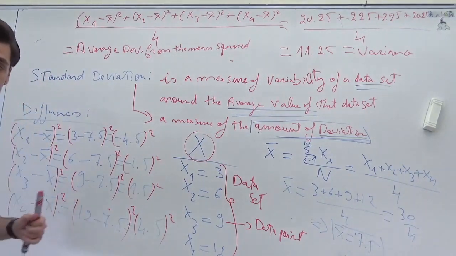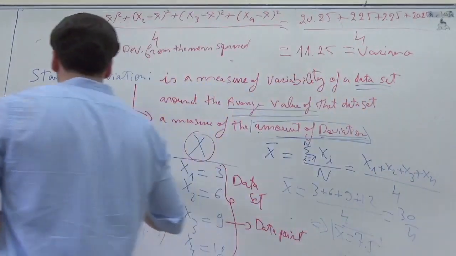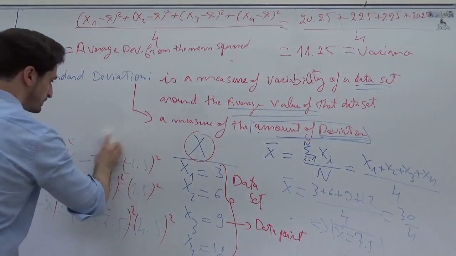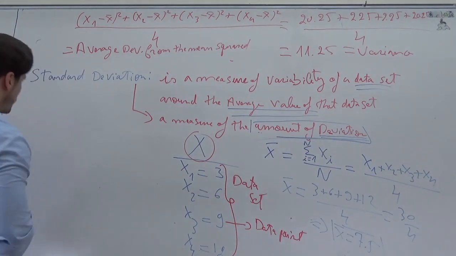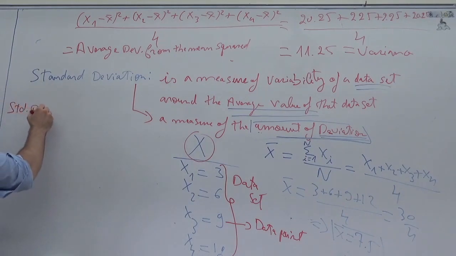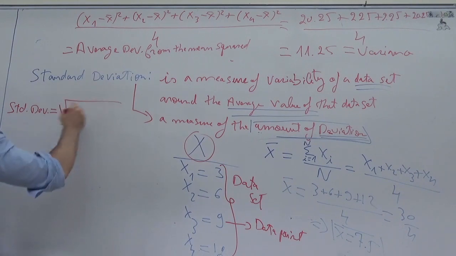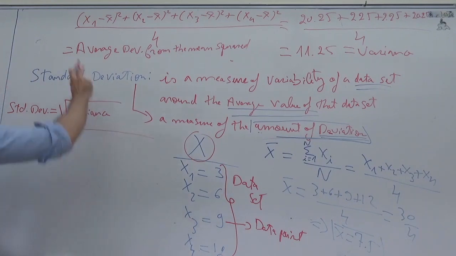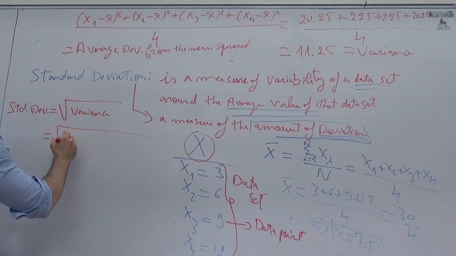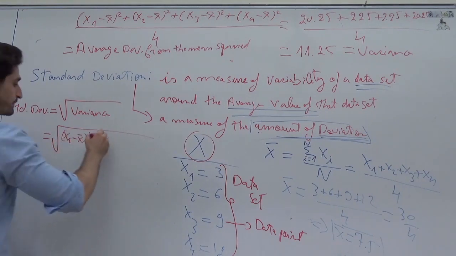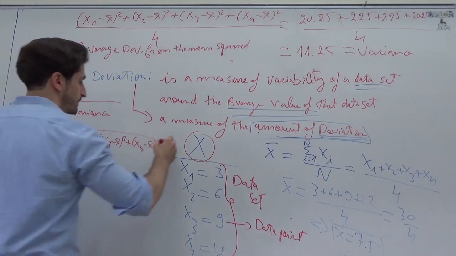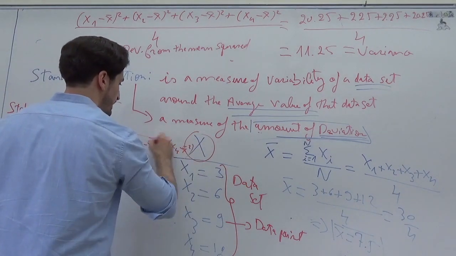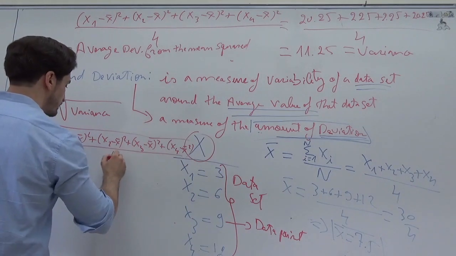So in that case, standard deviation is going to be equal to square root of the variance, which is going to be equal to square root of that equation above, x1 minus x bar squared plus x2 minus x bar squared plus x3 minus x bar squared plus x4 minus x bar squared divided by the total number of trials, which is 4.